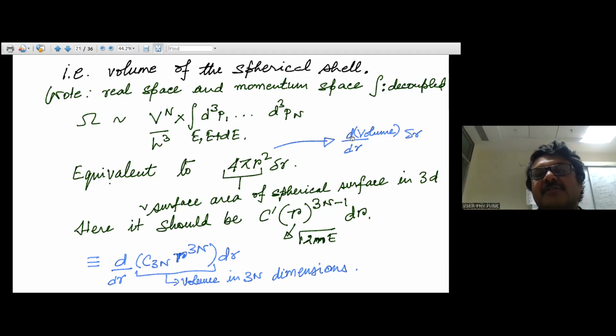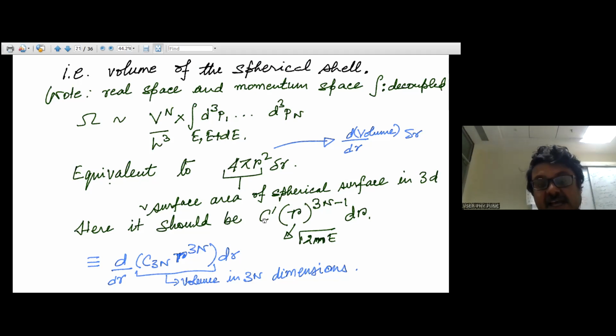It is the rate of change of volume with r, into dr. That's how you can calculate the volume of a shell. But if you are in 3n dimensions, then instead of 4 pi, you will get some other number, C dash, which is different from C, because the prefactor in volume is 4 pi by 3. When you take the derivative, you get 4 pi.